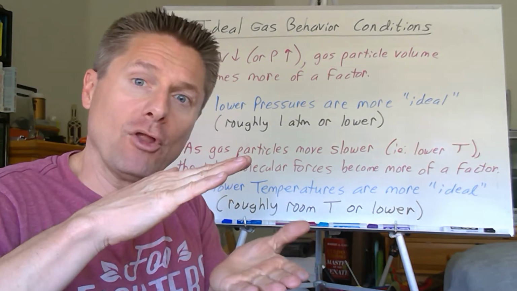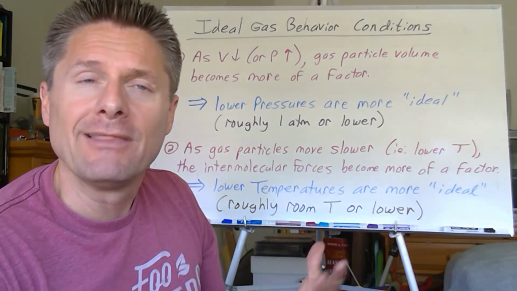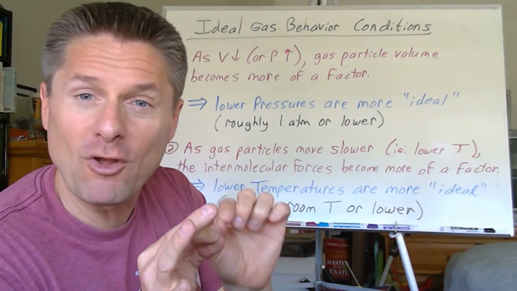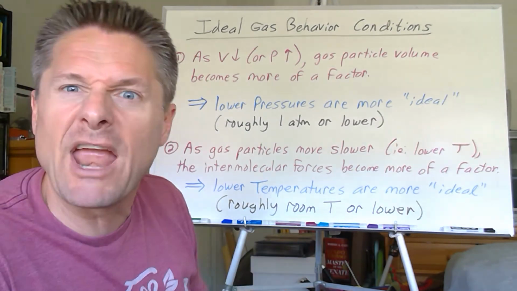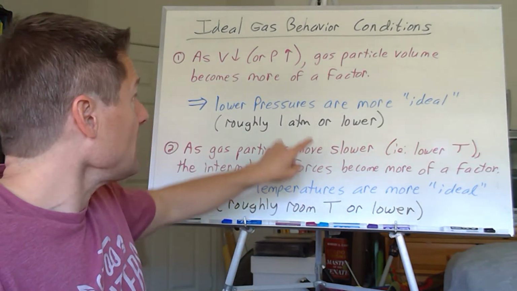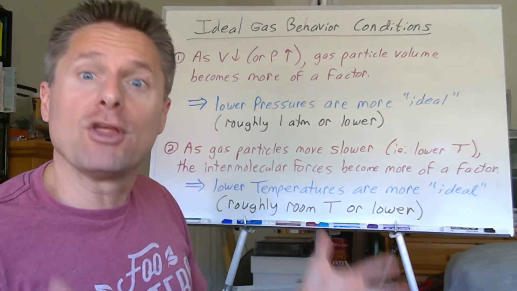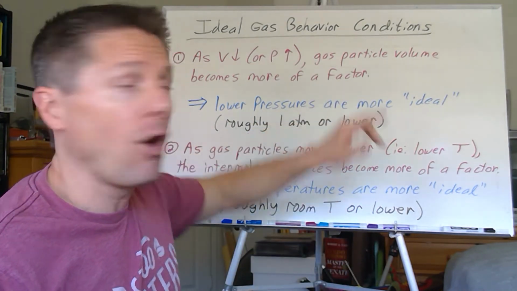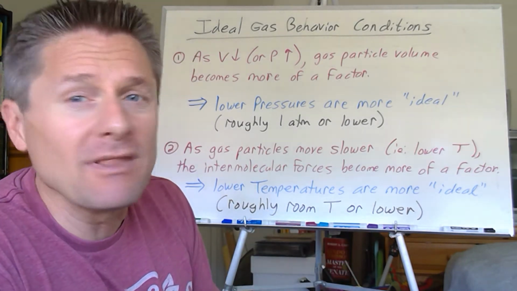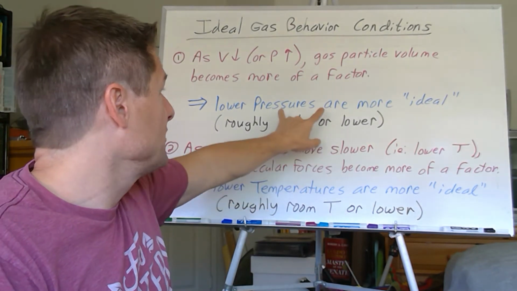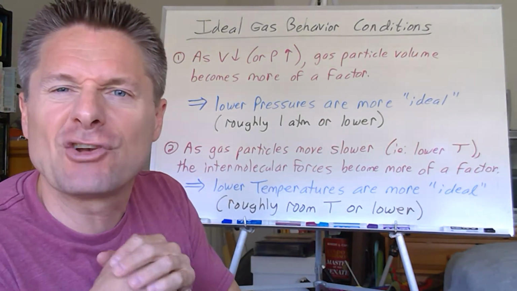So at lower volumes or higher pressure, the gas particle volume themselves becomes more of a relevant factor. It creates more error if you assume they're 0. So that means larger volumes or lower pressures are more ideal. There's more space, so the gas particle volume becomes less of a factor. So lower pressures are considered ideal conditions.